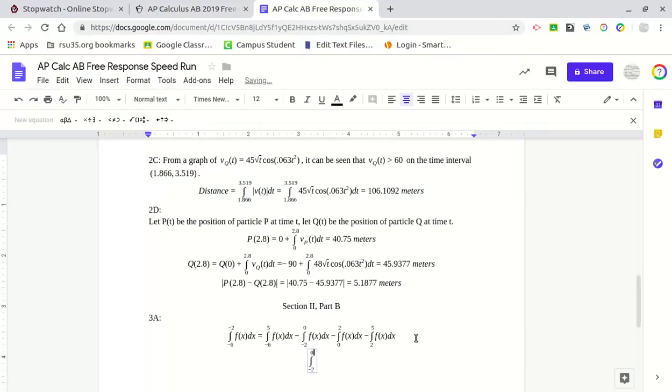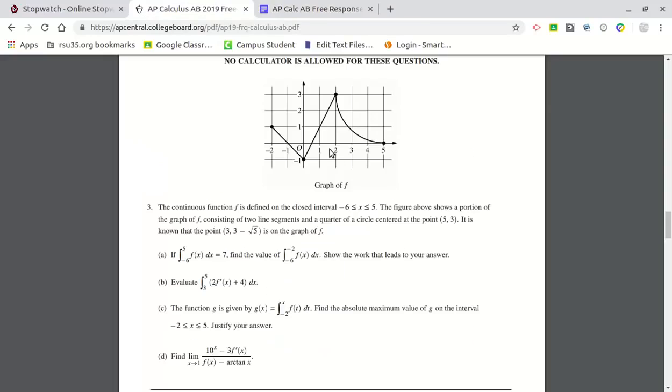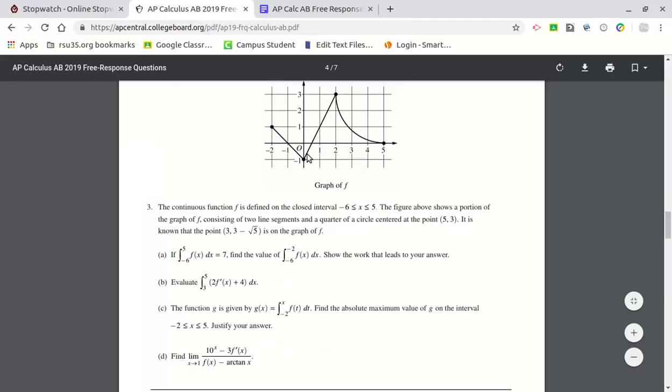The integral from negative 2 to 0 of f of x dx is 0 because the area under f of x from negative 2 to negative 1 is 1/2, and the area under f of x from negative 1 to 0 is negative 1/2, so the total integral is 0. Okay, cool.